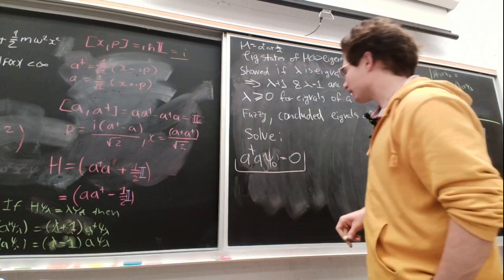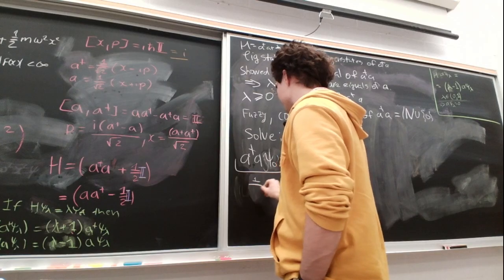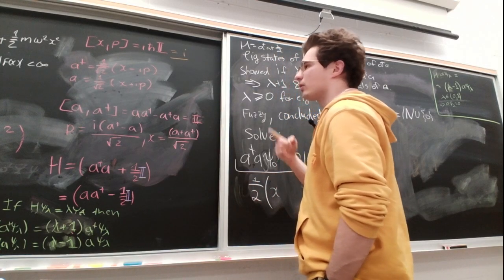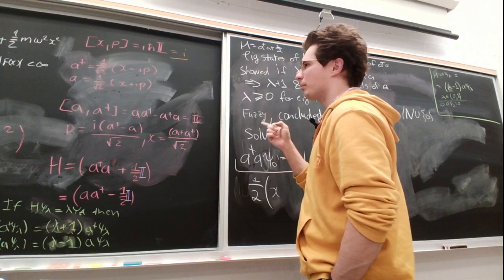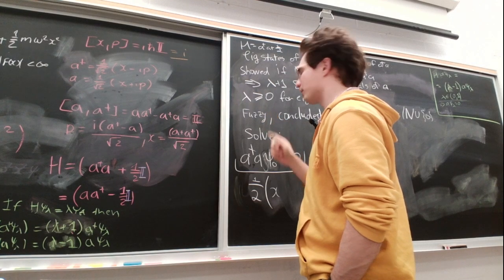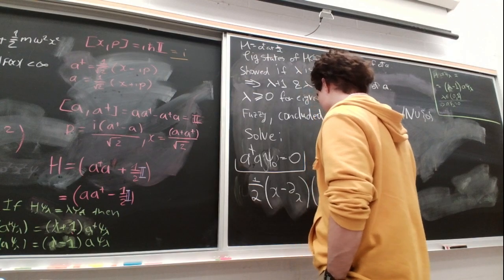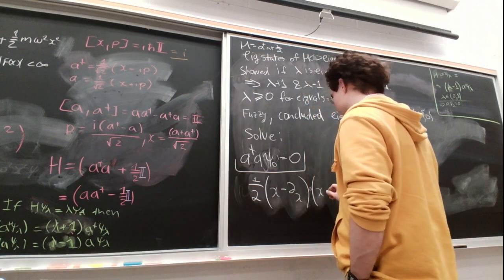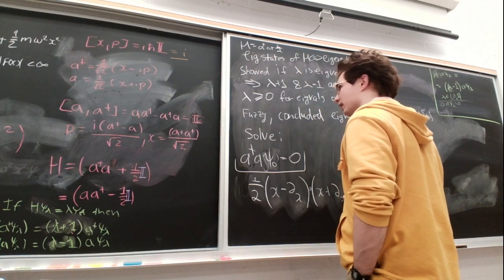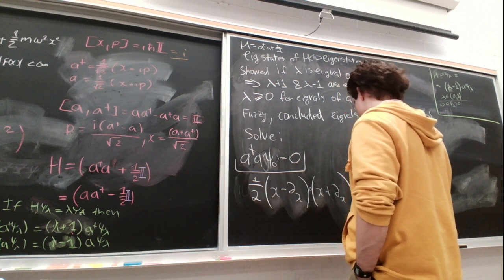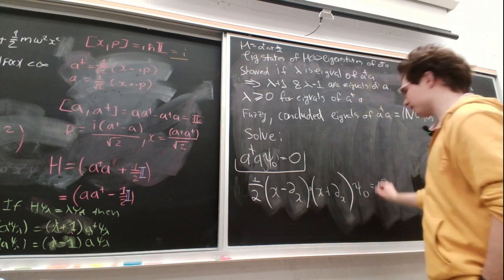Okay, so I have 1/2 of minus the derivative of x composed with x plus the derivative of x, applied to psi 0, has to be equal to 0. Oh, I forgot to write that down. Do you agree?